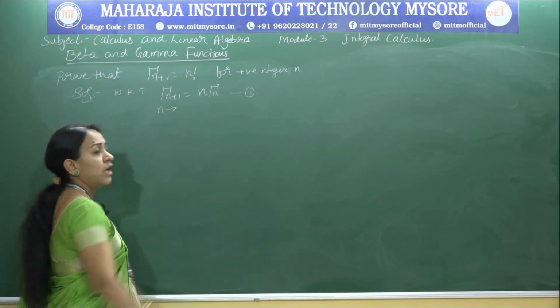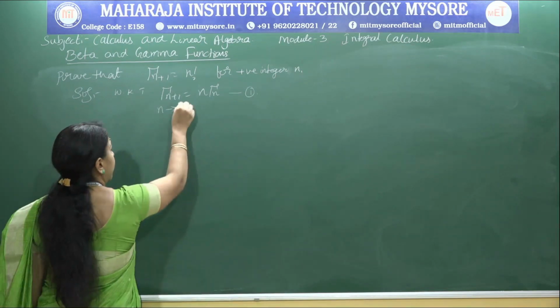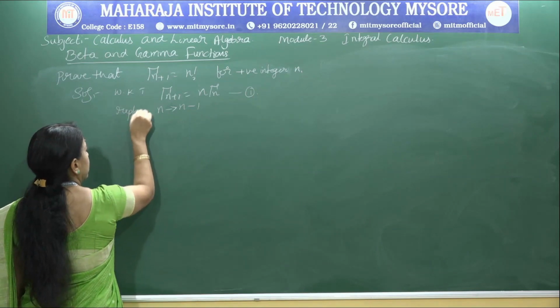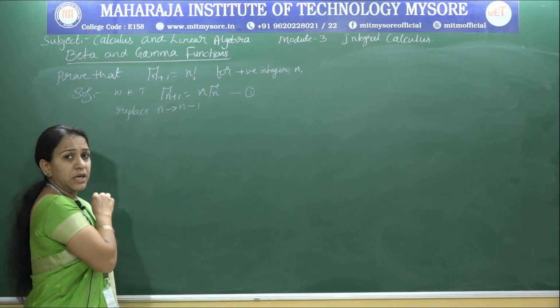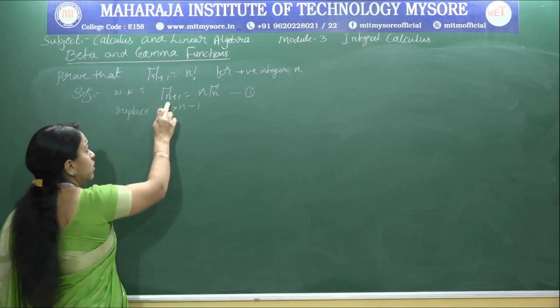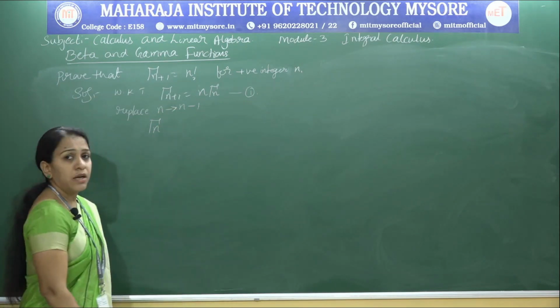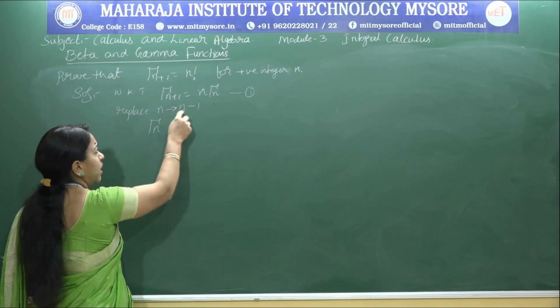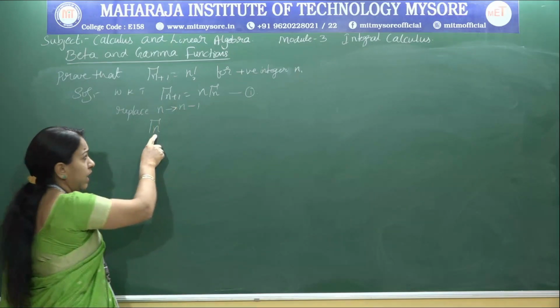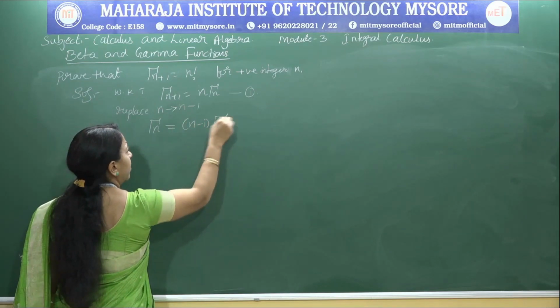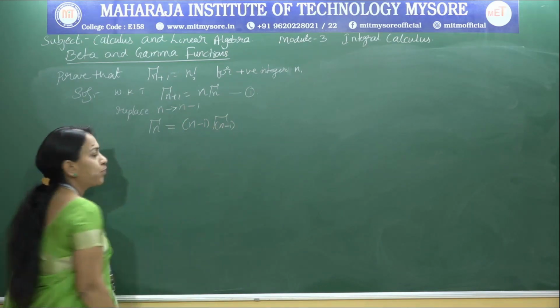So let me replace n by n minus 1 to get the required result, so that here I remain with gamma n. If I replace n by n minus 1, then gamma n will be n minus 1 into gamma n minus 1.